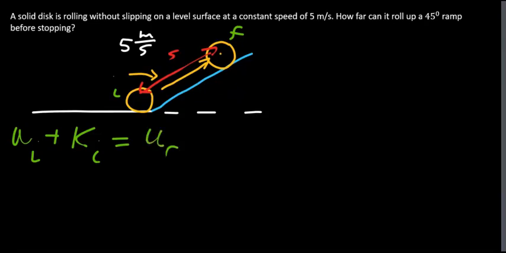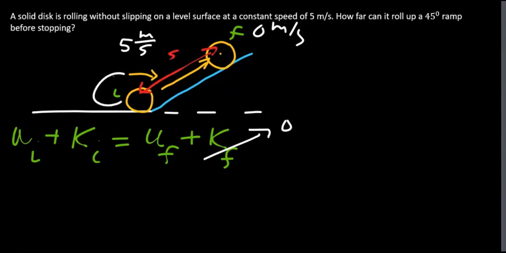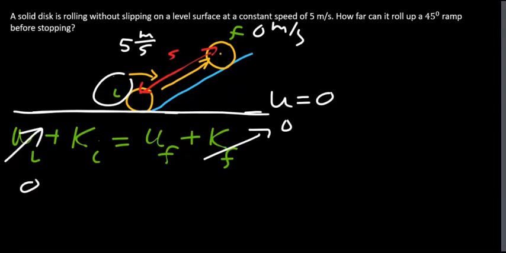So the sum of gravitational potential energy and kinetic energy at the topmost point where it comes to a complete rest. We know at the final point its speed is 0 meters per second, so that goes to 0. Now we have the freedom to choose gravitational potential energy to be 0 somewhere. We can take the initial point, that level, to be the level where the gravitational potential energy is 0 joules. So that means that goes to 0 as well.